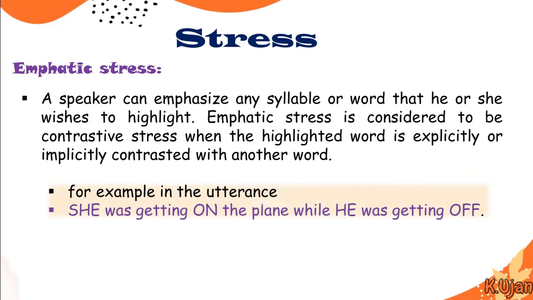For example, in the utterance, she was getting on the plane while he was getting off, we put stress on certain words which are important in the sentence. Such emphasis is known as emphatic stress in sentences.